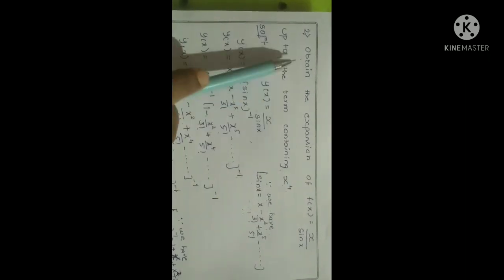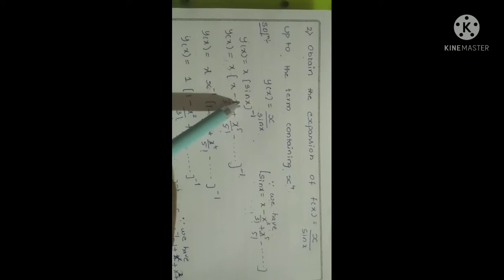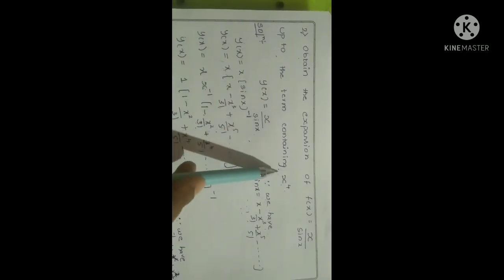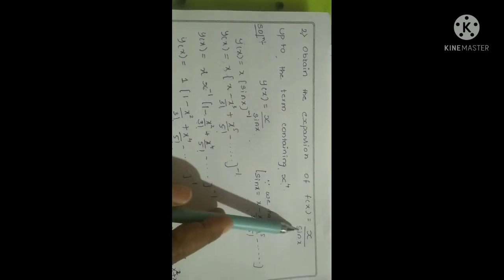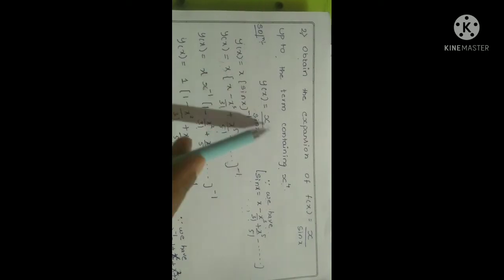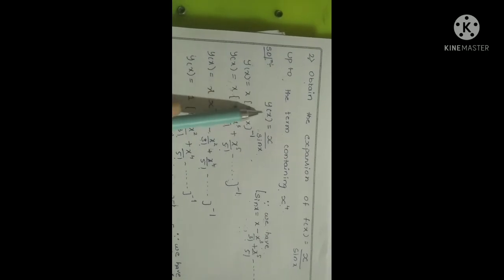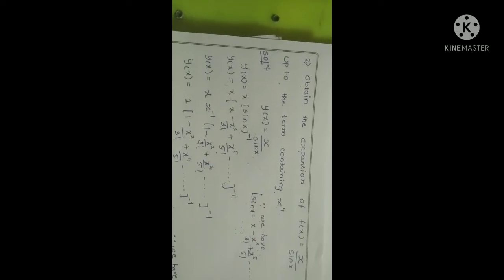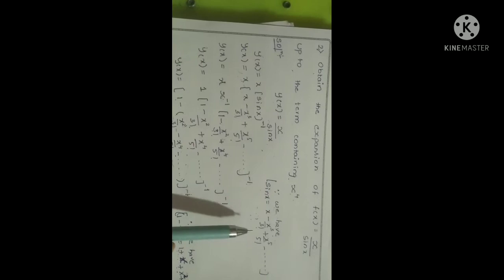When only they are asking to expand the term, since you have the formula for sin x, you will just consider the function as y of x and solve, and you will not differentiate here. You will substitute the formula for sin x in terms of Maclaurin series and go on solving.